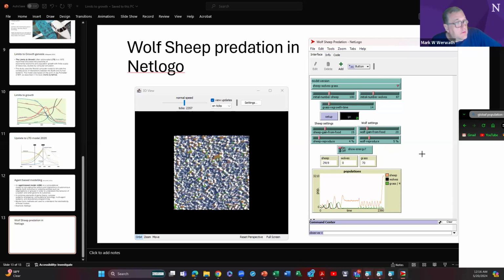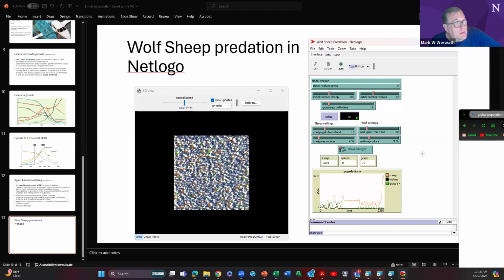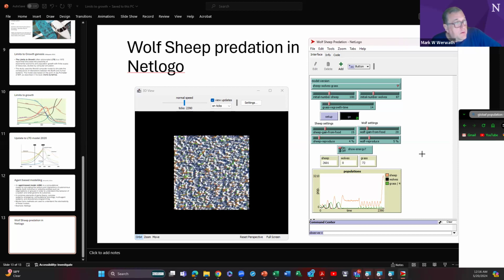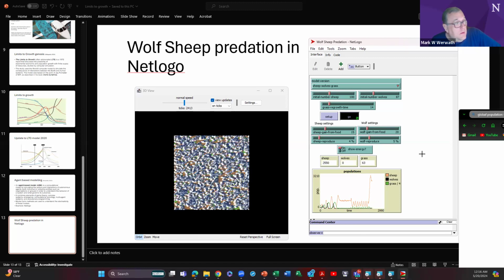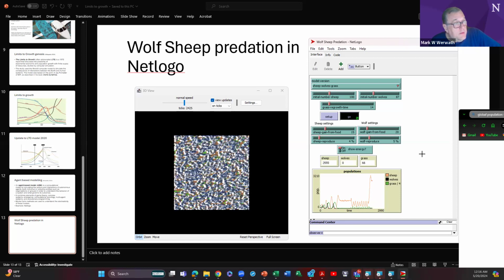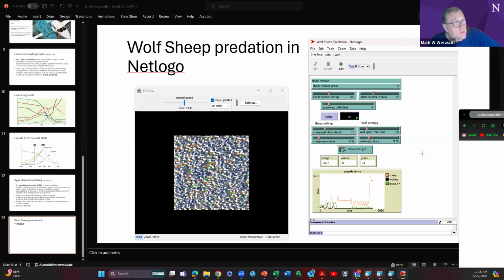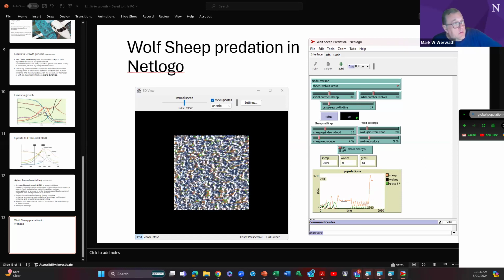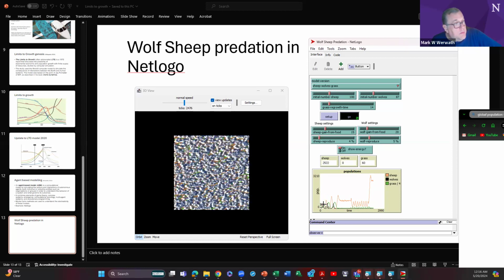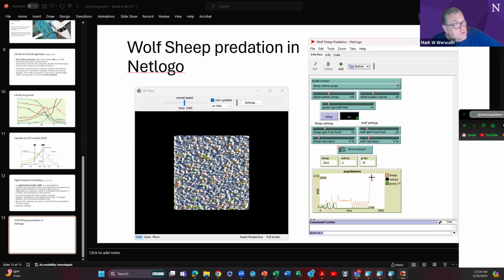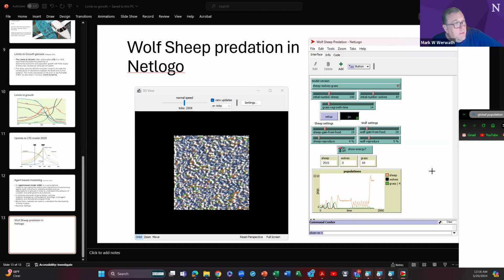You'll notice that the grass, even though it's growing faster, never really achieves a very high level of grassiness, if you want to use that word, because the sheep are eating the grass faster than it can replenish itself. So the sheep again have an overshoot condition here. We saw overshoot conditions here and here and here as well. So the sheep have this tendency to overshoot their environment and then hit a new steady state.